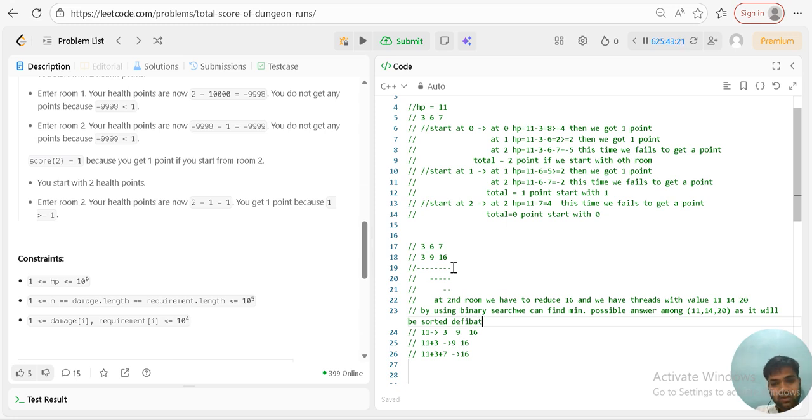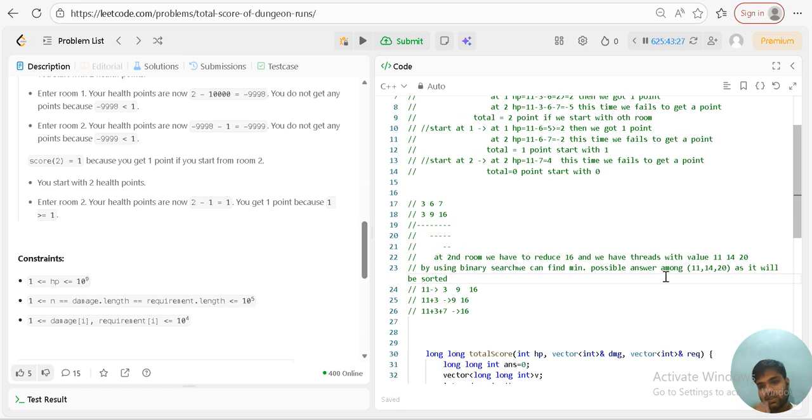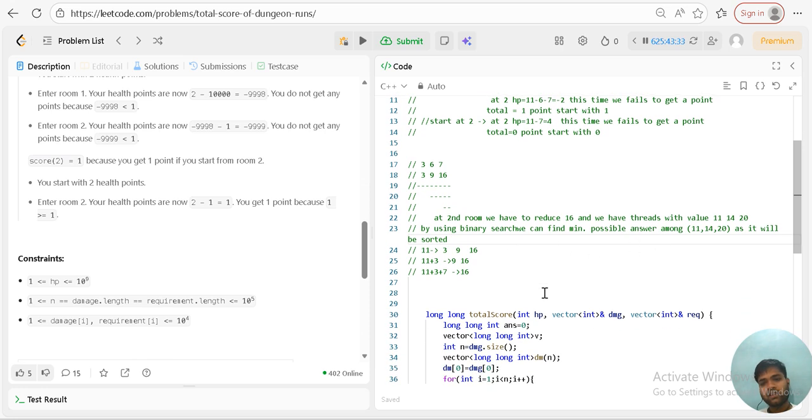Definitely it will be sorted. So yeah, it will be sorted. I think you got the approach. It is a little bit difficult, but easy to catch.